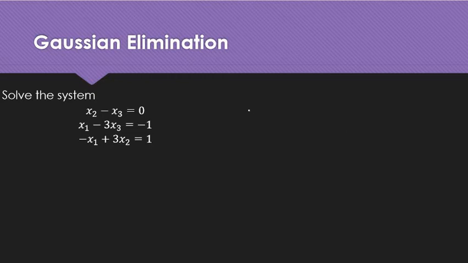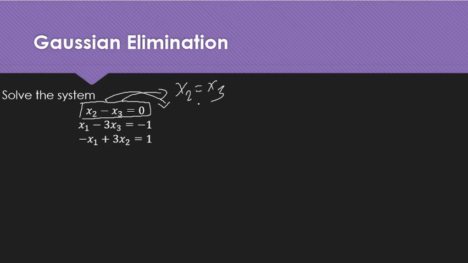Alright, so before we actually head to Gaussian elimination, first take a look at the first equation. We can actually solve this already as x sub 2 equals x sub 3 once we transpose. That should give us a hint already. And because of this, we can actually do some back substitution already without going through Gaussian elimination.